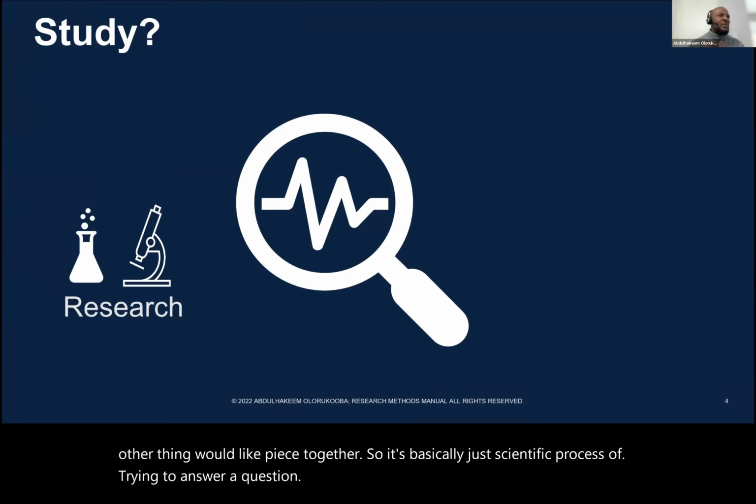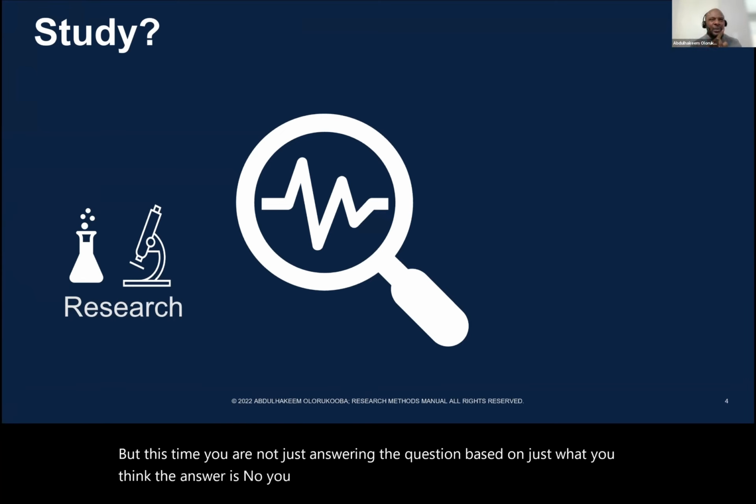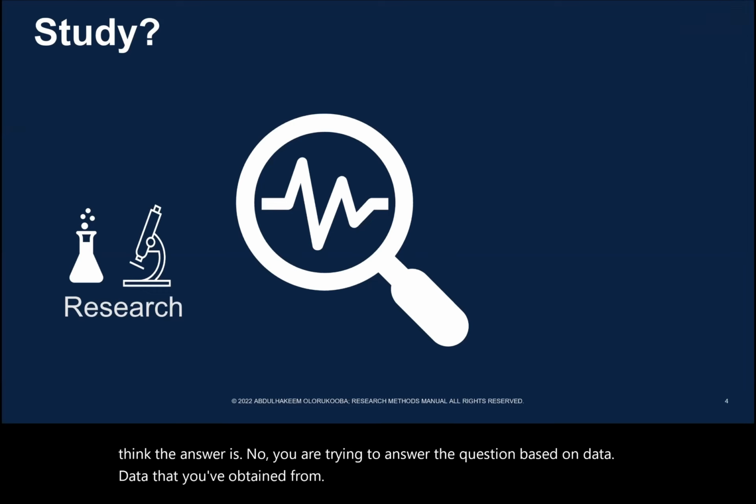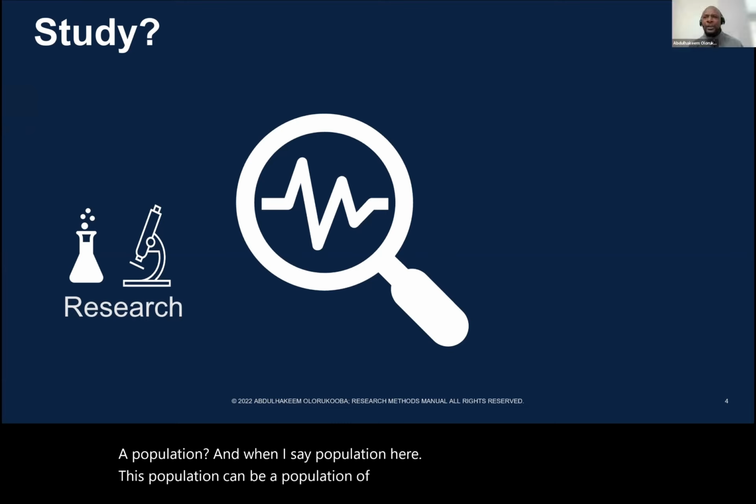But this time you're not just answering the question based on what you think the answer is. No. You're trying to answer the question based on data that you've obtained from a population. And when I say population here, this population can be a population of animals. It can be a population of people.